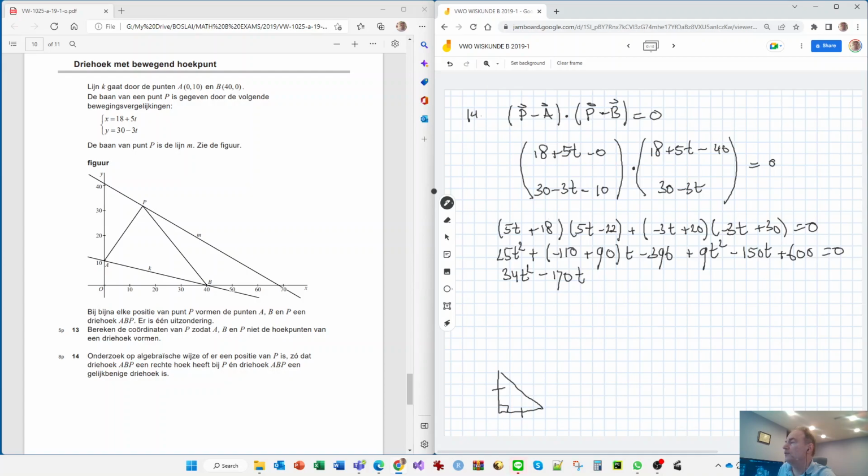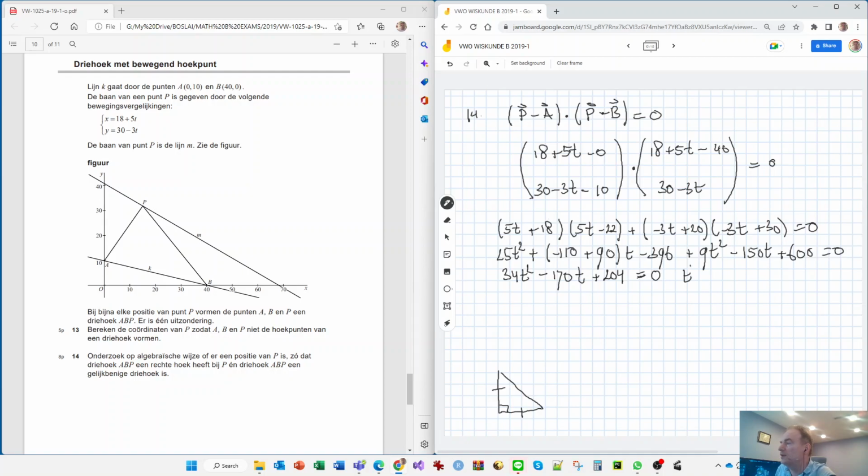It's 204. All right. Well, let's just check. End of the exam, so you can use your calculator. Okay, so you can divide 170 by 34. It's 5 and 204 as well. That's a miracle, guys.